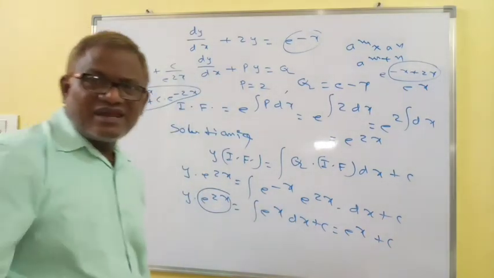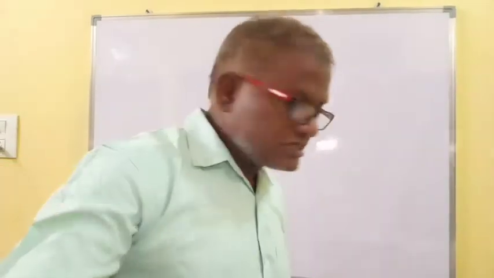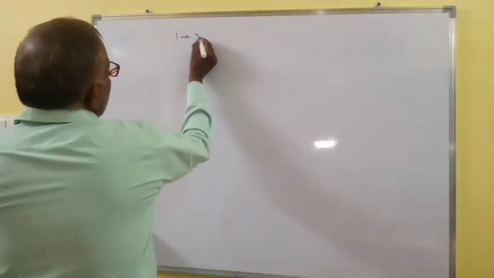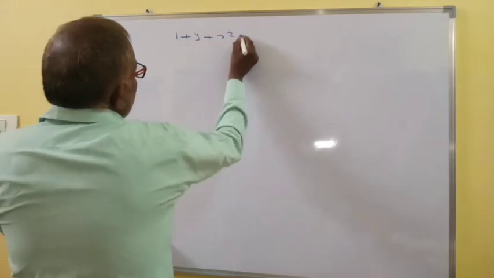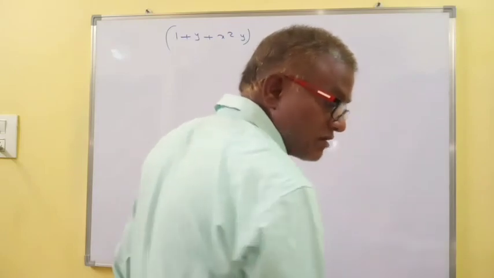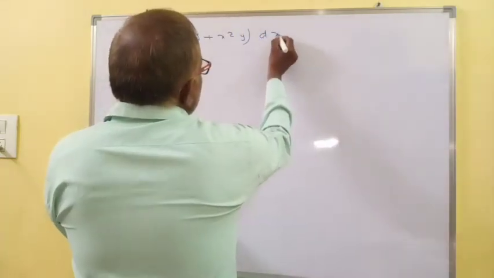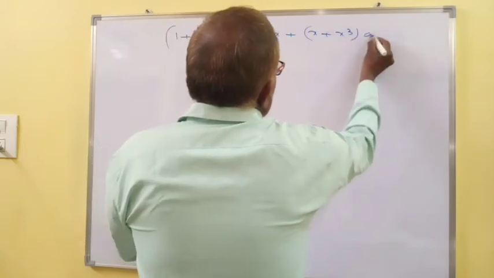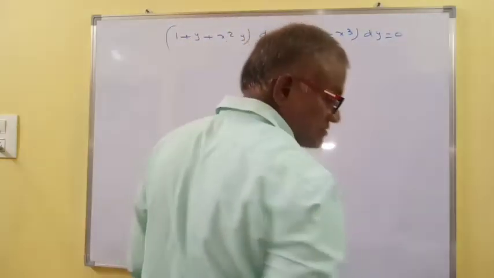Okay, next another question. An integrating factor of the DE 1 plus y plus x square y dx plus x cube dy is equal to 0.